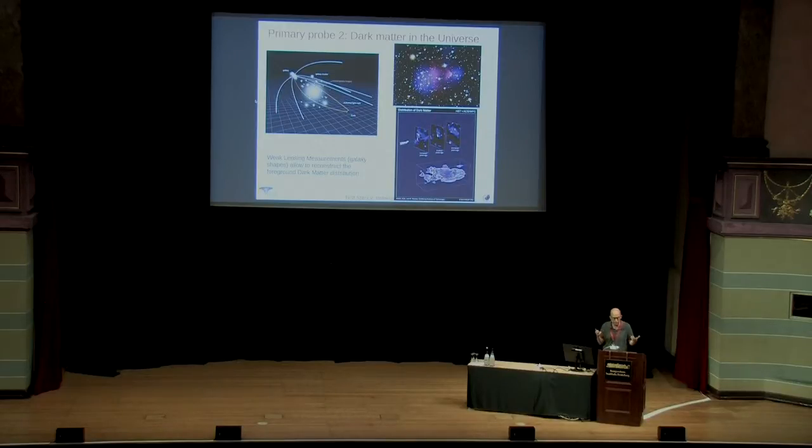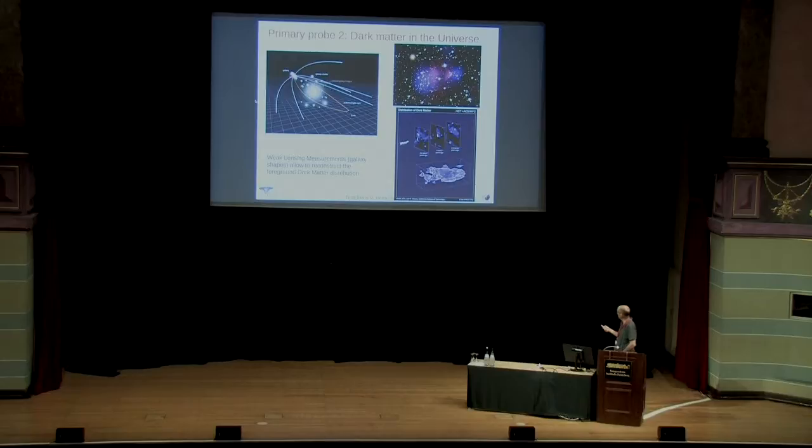So measuring these distortions allows you to reconstruct the mass distribution along the line of sight, or between you and the source. So this has been done for decades now, almost, on galaxy clusters. Here is the well-known image of the bullet cluster, and in blue is shown the distribution of dark matter as reconstructed from the cosmic shear.